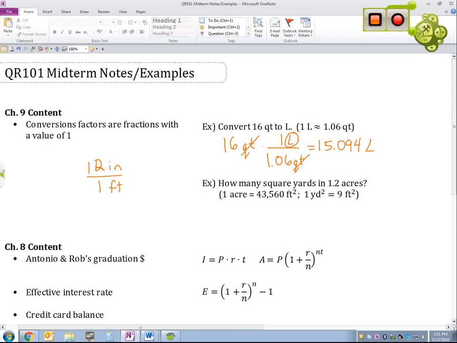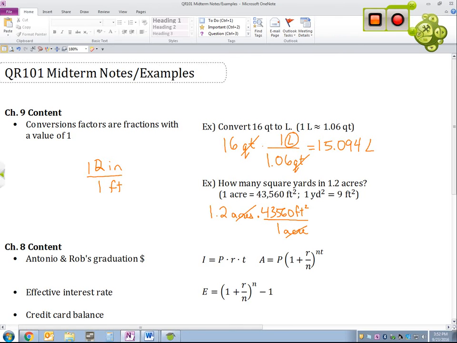First, I'll change the acres into square feet, okay, so that'll look like this. 1.2 acres times 43,560 feet squared over 1 acre. Okay, so that's going to get rid of my acre unit. Now I'm in square feet, that's the unit left over, okay?